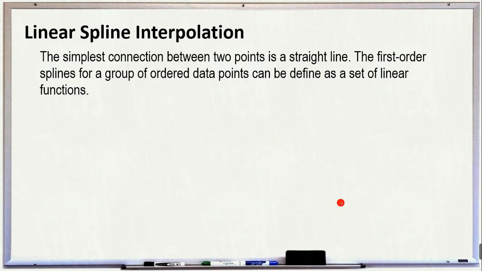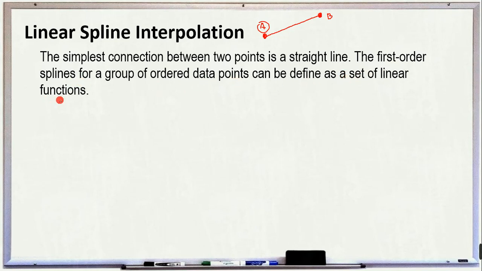So the simplest connection between 2 points is a straight line, of course. If naa tay usa ka data point, then another data point, simplest gid ana nga pag-represent is by a straight line.